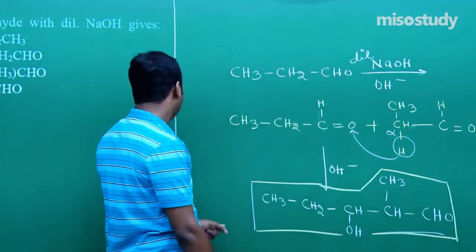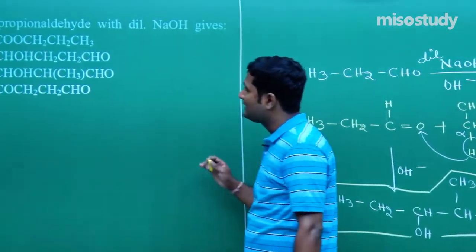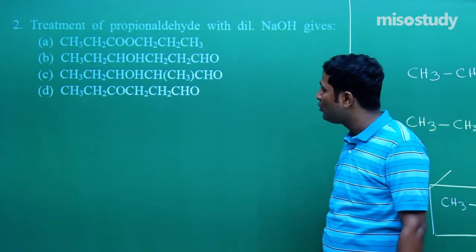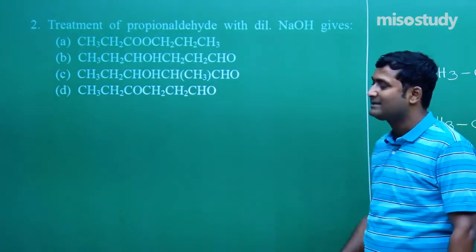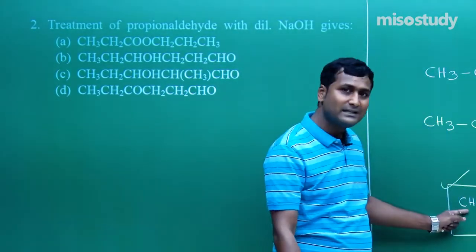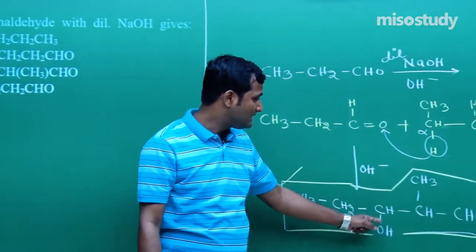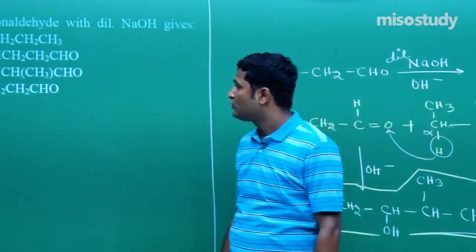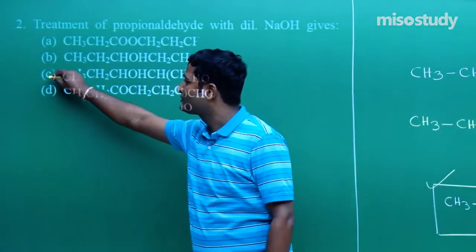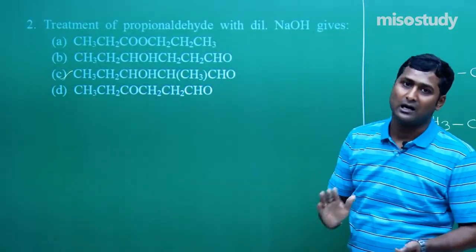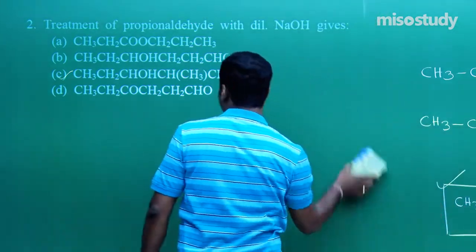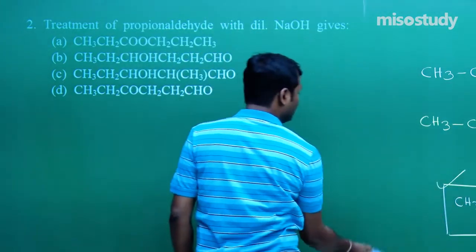Look at CH3CH2CHOH, CH, CH3, CHO. Again CH3CH2CHOH, CH, CH3, CHO. So we can say that for this question, C is the correct option. Now friend, I am going to rub this part and we'll discuss the next question. Wait for a moment.